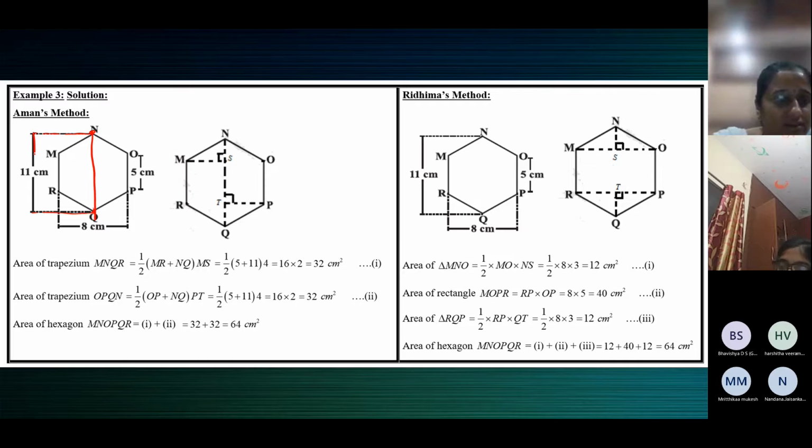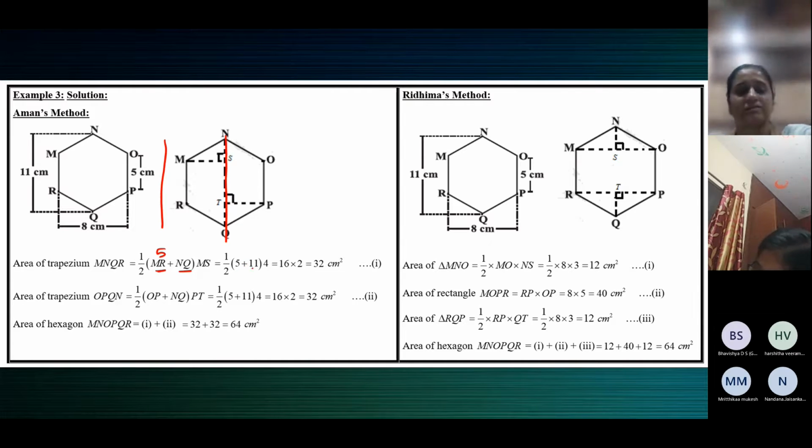That's what is marked outside here, 11. So half sum of the parallel sides. MR is 5. NQ is what is marked outside from here to here, 11. One of the parallel lines is 5, the other one is 11.